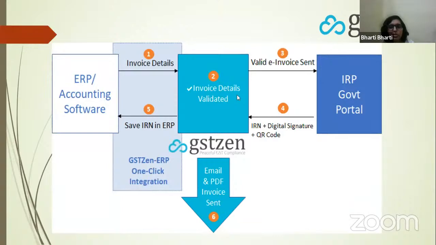Then we send it to the IRP government portal. Once it is generated, we fetch the IRN, digital signature and QR code, and save it back in the ERP. If the email ID is also provided as part of the invoice details, it gets emailed directly to the recipient.